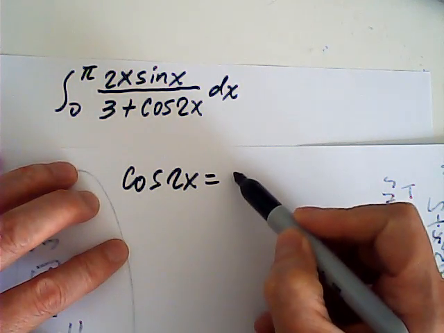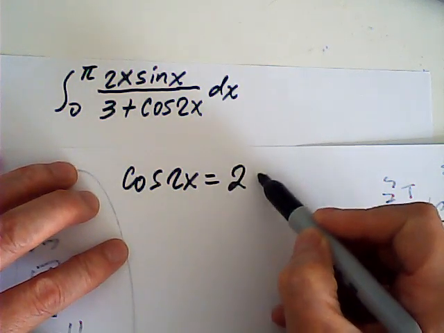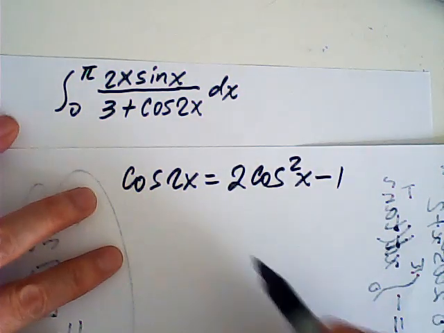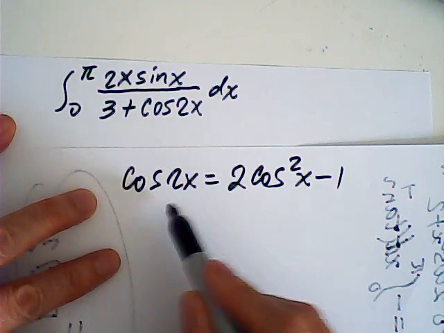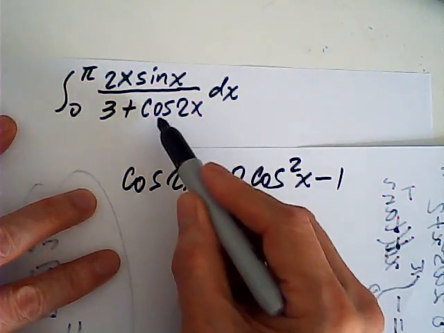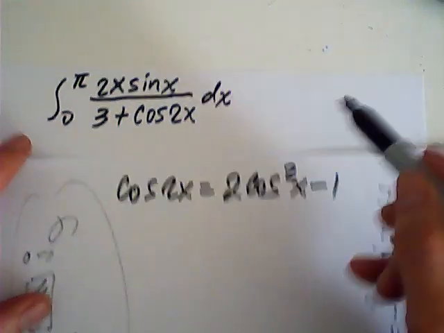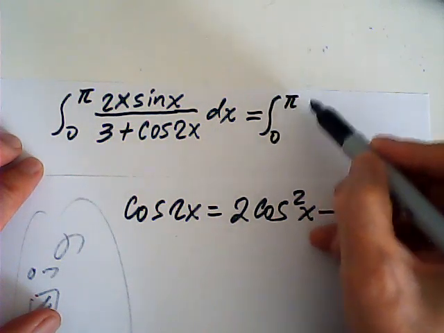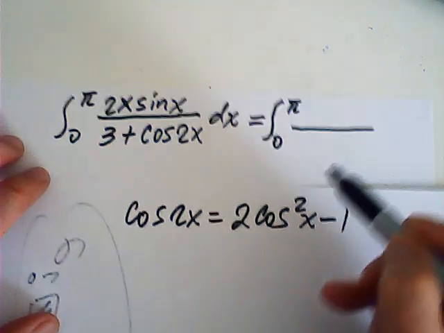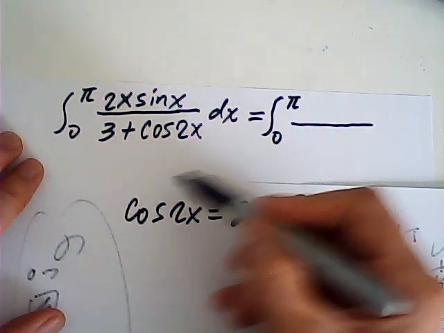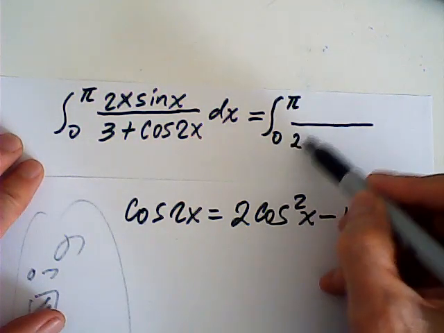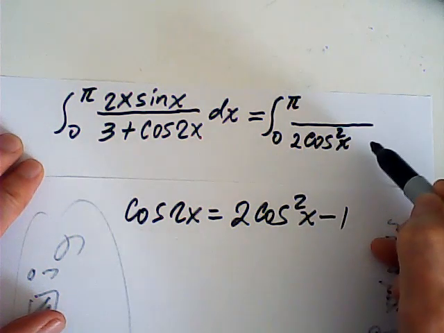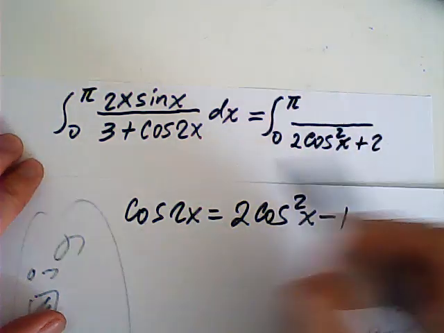Now here I'm using 2 cosine square x minus 1. So by plugging this identity into the integrand function, then we get integral from 0 to pi, and the denominator becomes 2 cosine square x plus 2, right?